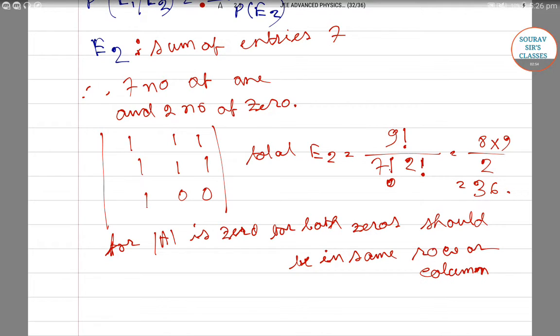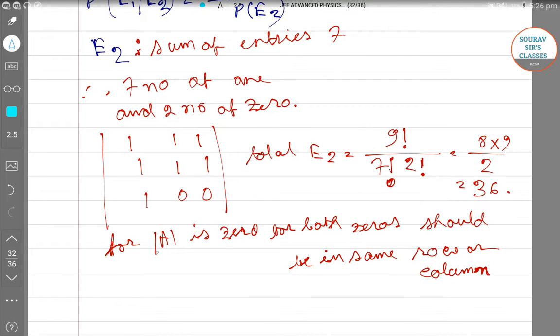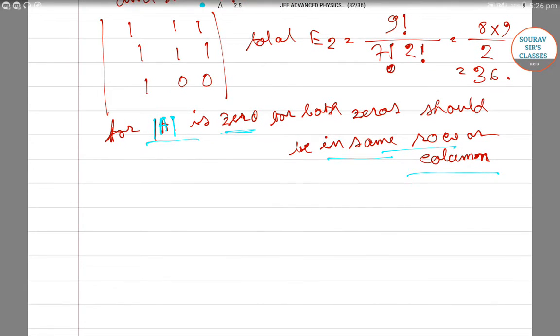If this matrix is A, the total determinant of this matrix is 0 when both zeros are in the same row or column. See this by calculation.